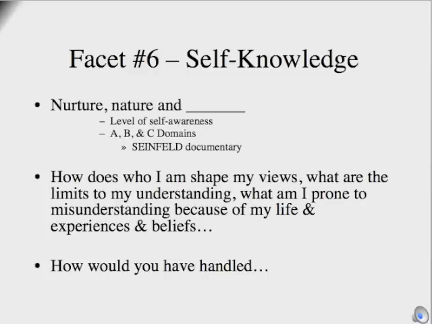Facet 6, self-knowledge. All right, let's talk about our ABC domains. Nurture, nature, and blank. Level of self-awareness. Your self-consciousness. Again, nothing occurs in a vacuum. No one lives in a vacuum. We are influenced by our surroundings on a level that most of us never recognize.